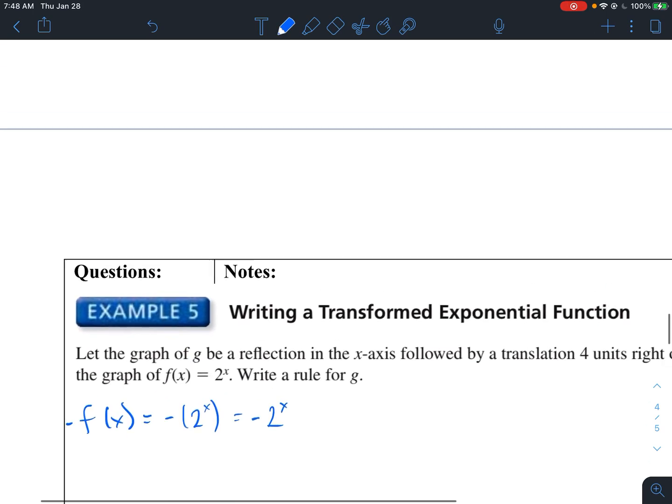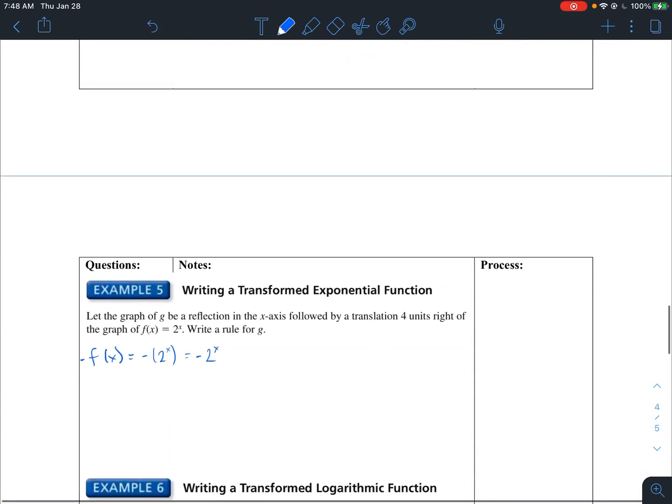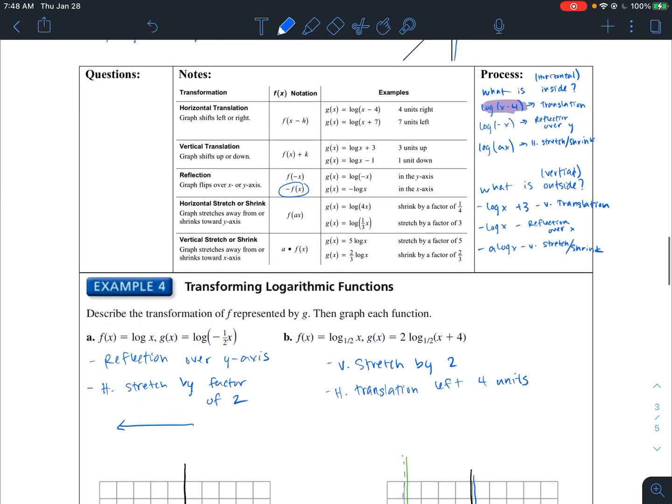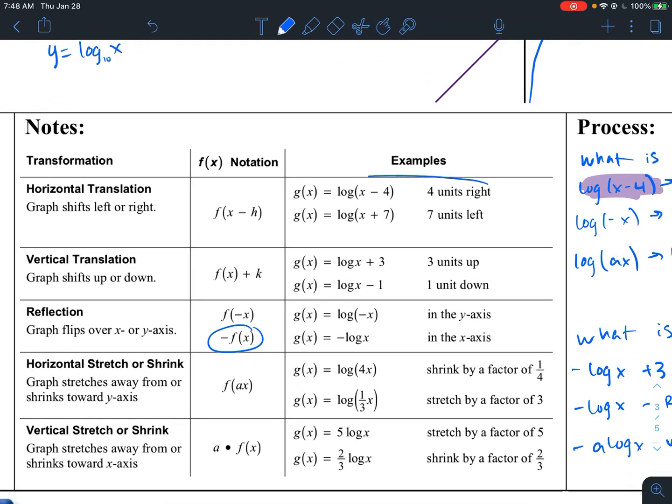Now it says followed by a translation 4 units to the right. So that's a horizontal translation because it's to the right. That's going to be x minus 4.